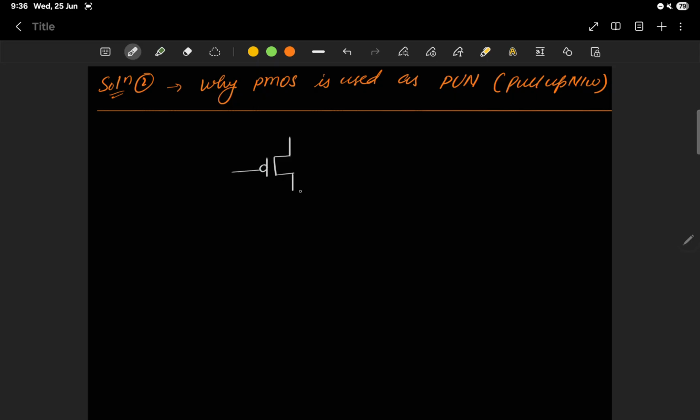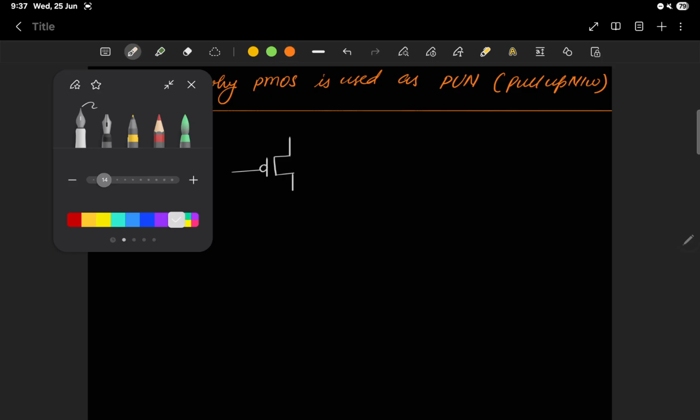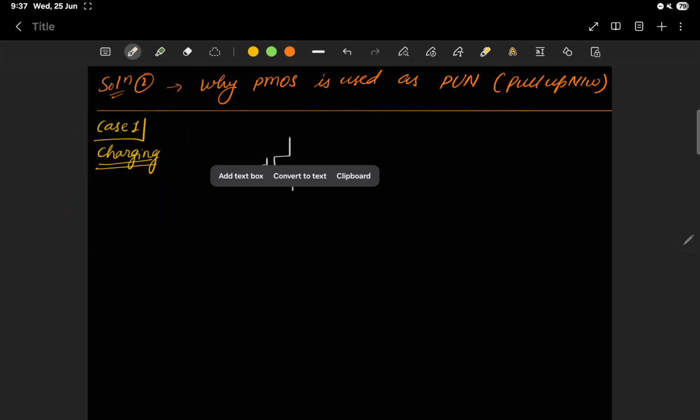So this is my PMOS, and I am going to see case 1. And what is this case? The case is for charging. Let's see if there is any problem in charging, or if there are some limitations. It will be clear after I explain this concept properly. So this is my PMOS, and I am going to connect a load capacitor over here like this.